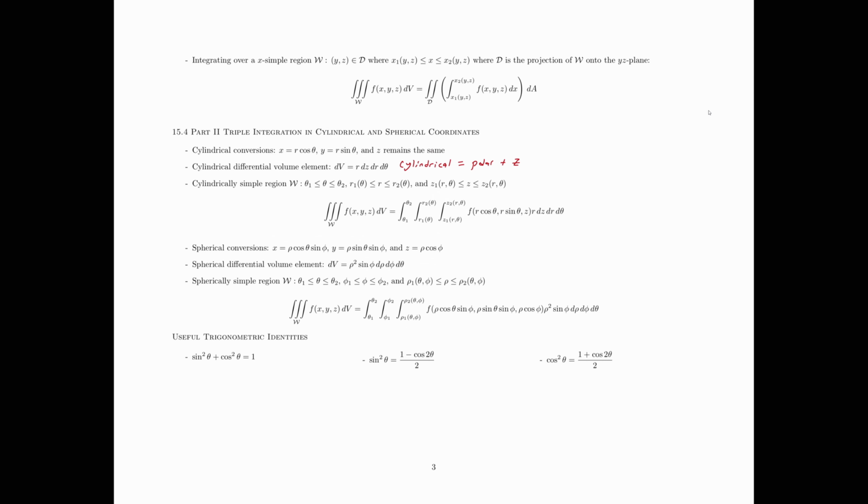For these bounds here, the way we're going to think about this is, for spherical coordinates, the technical term is a centrally simple region, but we don't have to use that terminology. So let's just go ahead and do a very standard and typical example, and that is something like an ice cream cone.